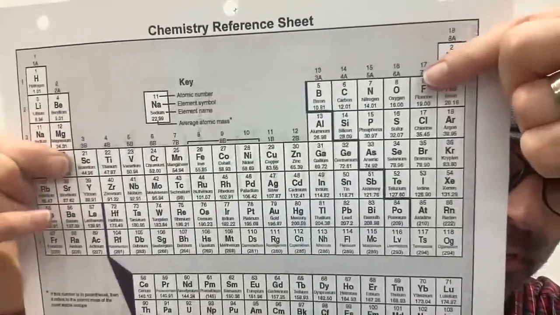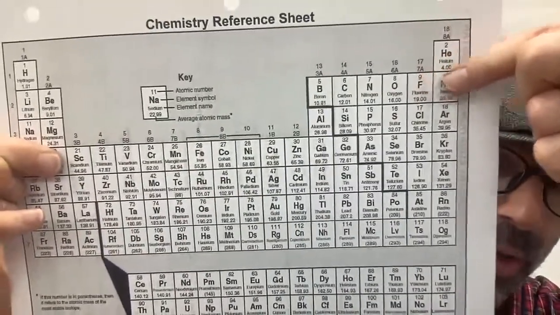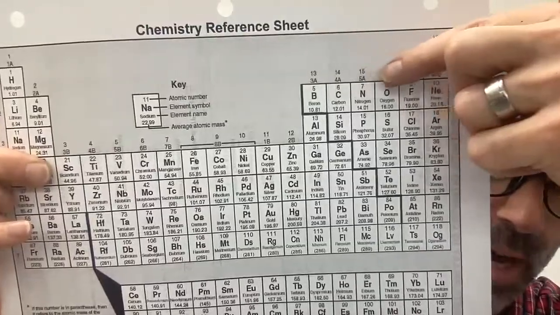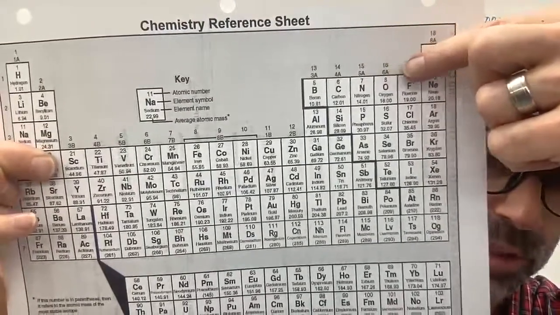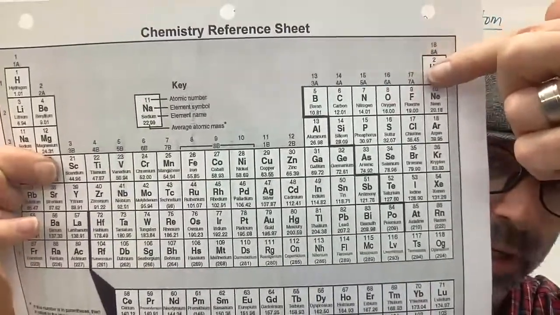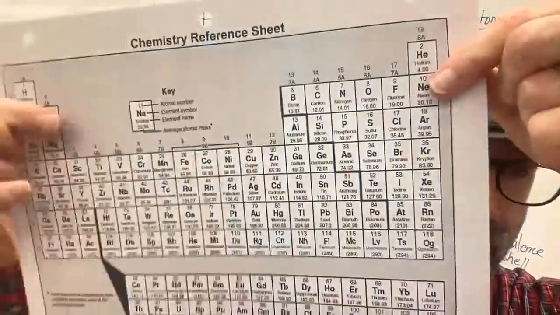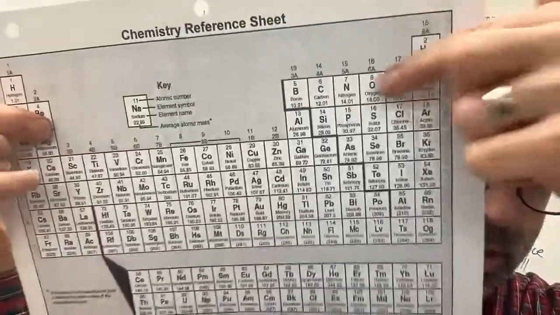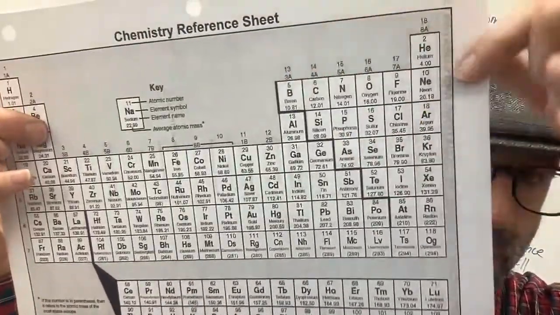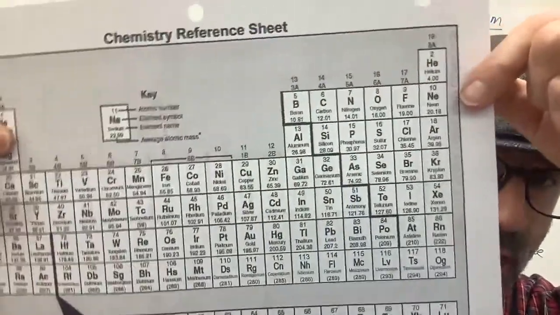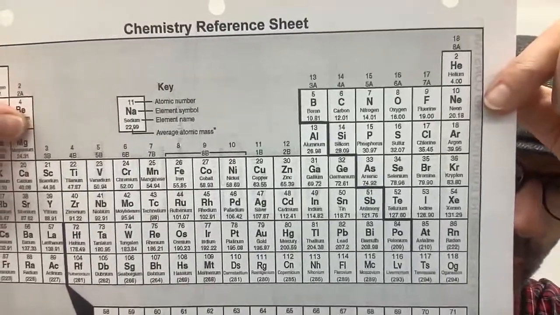So guess which group is in the middle. So we have nitrogen, which is group 5, oxygen is in group 6, fluorine is group 7. So there's 3 on this side. And then you have lithium, beryllium, and then over here, boron, 3 on that side. And then you'll see carbon is right in the middle, that's group 4.